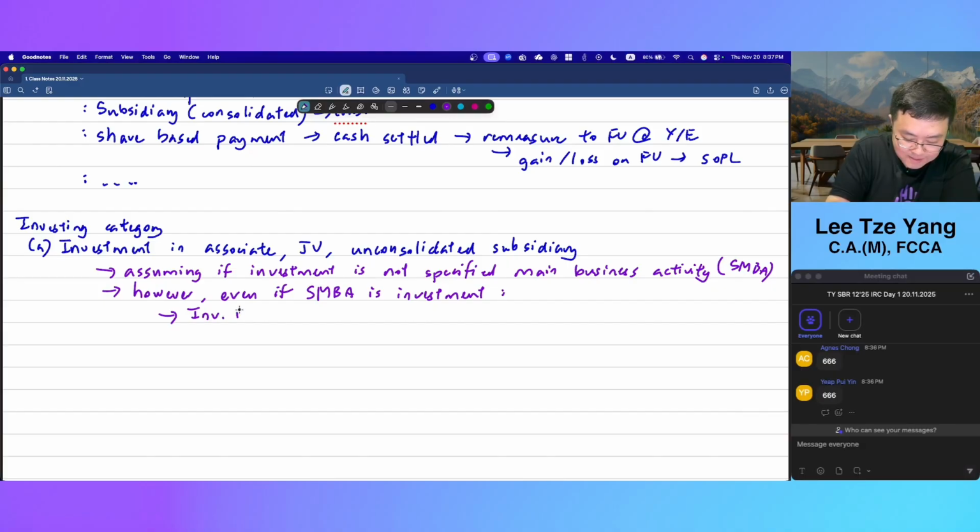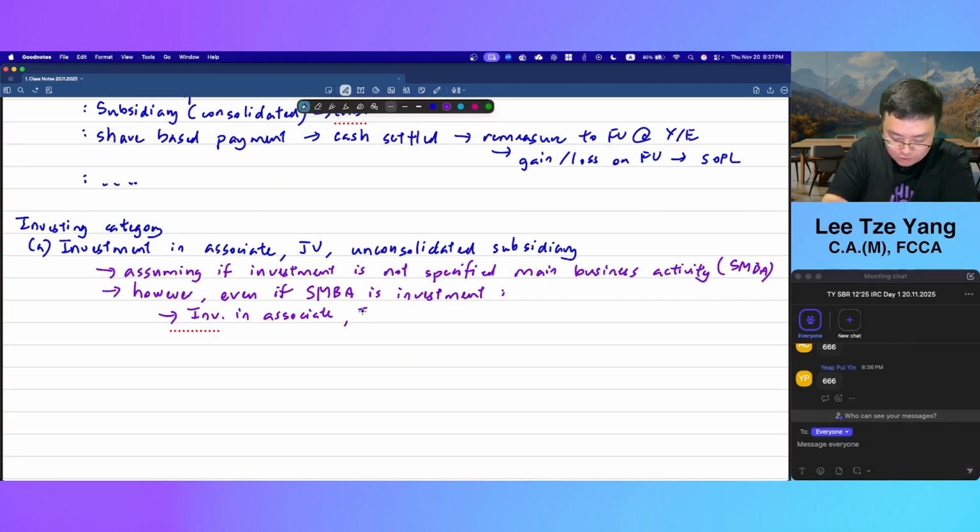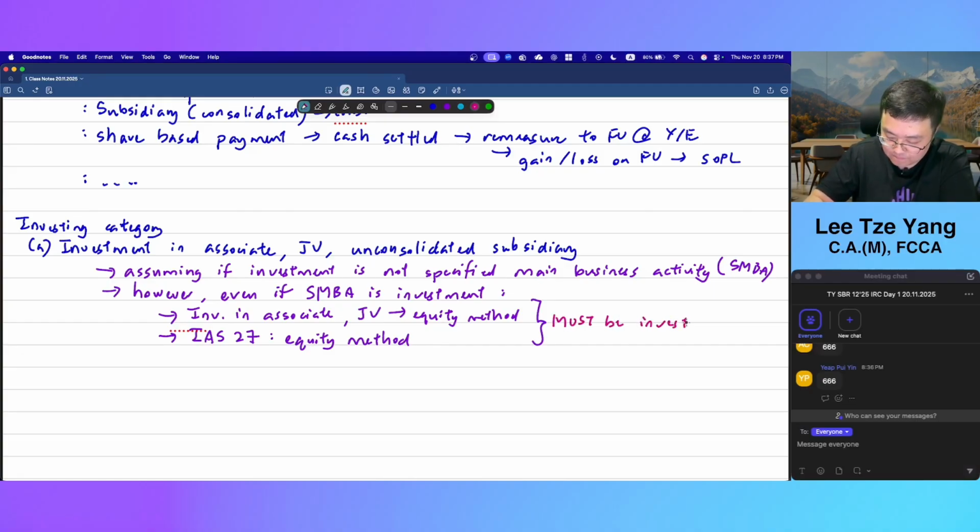If I invest in an associate or joint venture, or even if it is under IAS 27, if I use the equity method of accounting, now these two I use the equity method, and IAS 27 I may use the equity method. The rule is it must be investing. That's the thing that I want you to know.